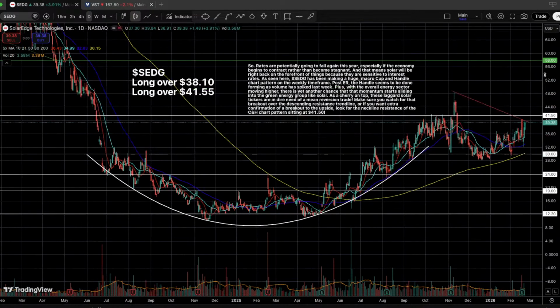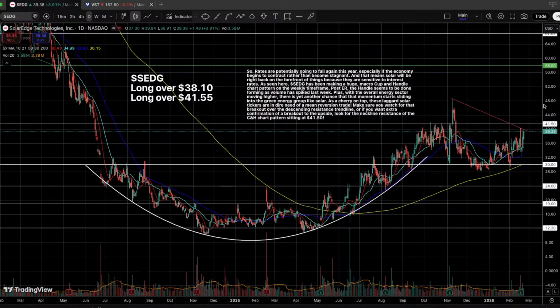But anyways, solar is part of the energy sector, and it can also be part of the tech sector as well, obviously, due to this being a technological revolution, kind of, since we've had solar panels for a long time, since the mid 1900s. But solar here, I think, has a chance to really reclaim new uptrends for this new year.